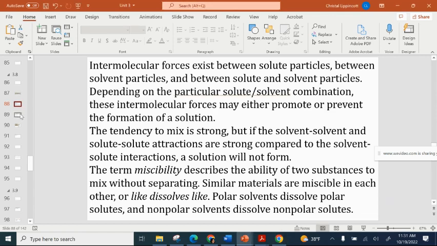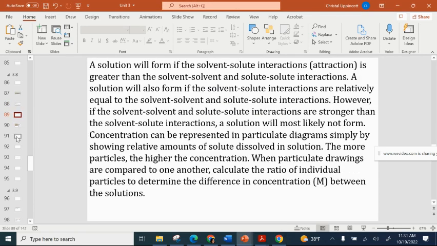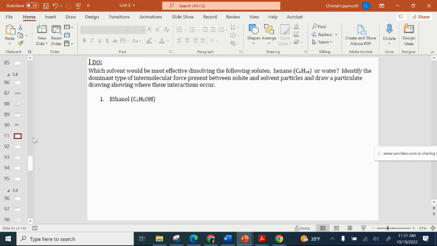When you are talking about whether things mix or not, I'm going to draw here. When you're talking about a nonpolar liquid and a polar liquid, the polar liquid, like water, is going to be attracted to the other polar liquid, and it's not going to let the nonpolar in.